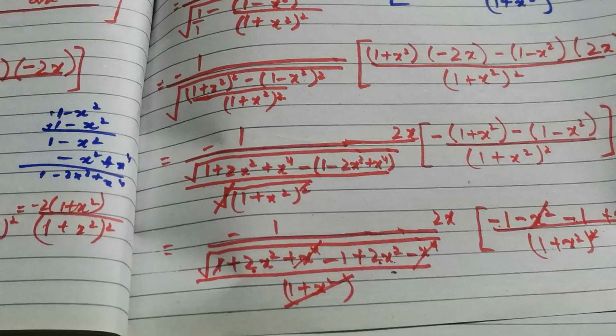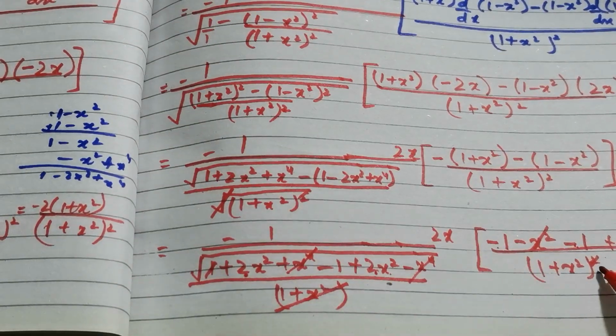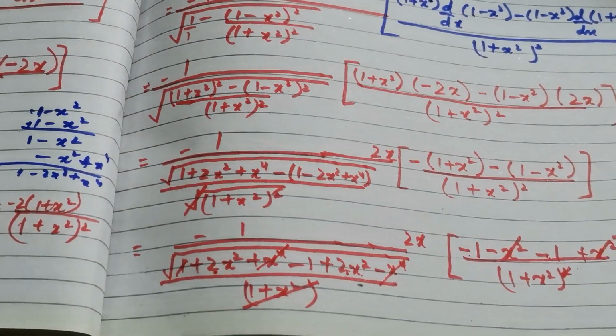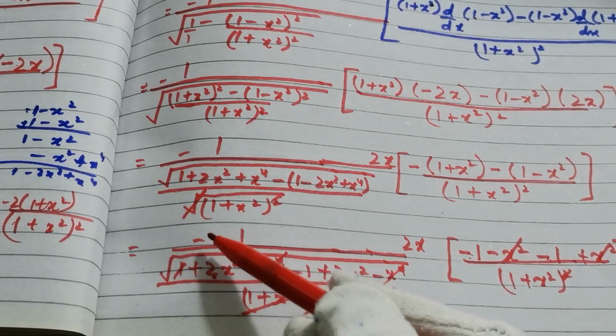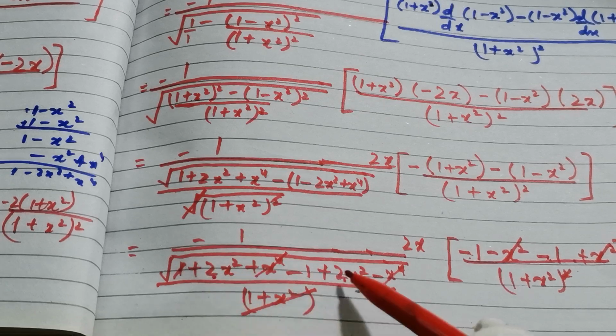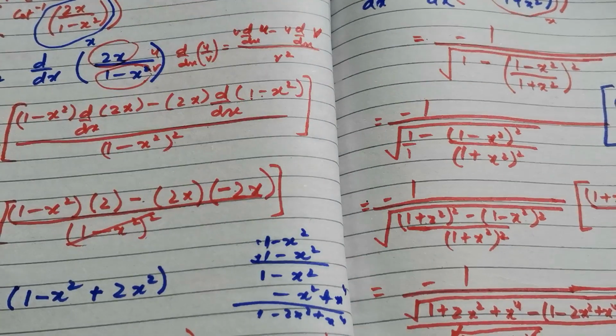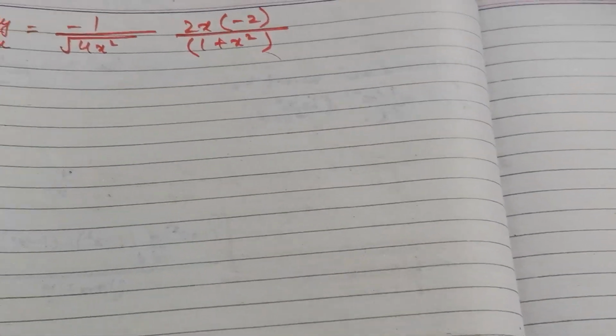We can see that this term is cancelled by this, and plus x square minus x square cancel. This is minus 2 into 2x and minus 1 divided by under root 4x square.